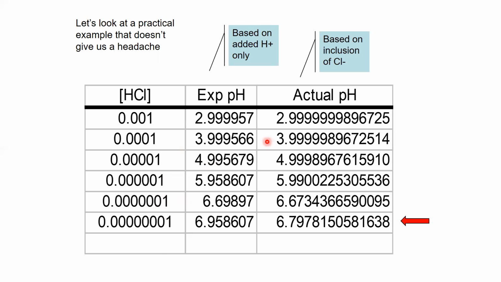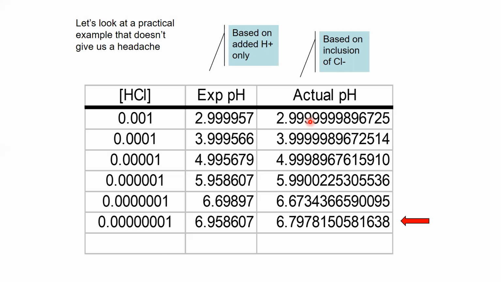So what I want you to notice is that this is the expected pH based on the HCl molarity only. And this is the actual pH if I input the quadratic equation solution solved for H plus.